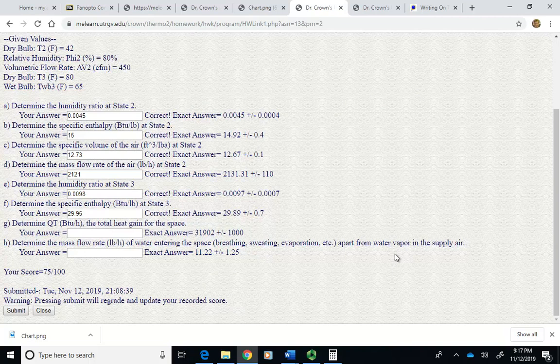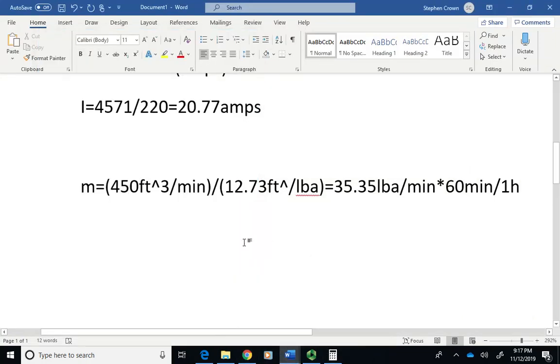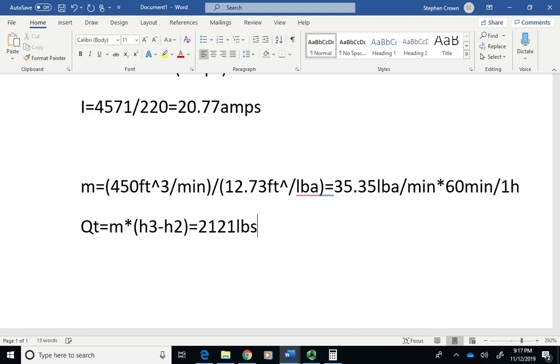And then QT, the total heat gain for the space. So my total heat gain, QT, is equal to m dot times the enthalpy change, which is H3 minus H2, and those are pounds per hour, so I've got 2121 pounds of air per hour times, find the enthalpies here.